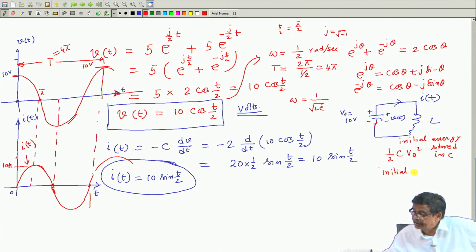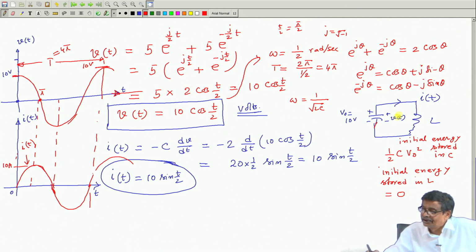You started with that. Initial energy stored in L was 0, because i was 0 at that time. Initial means t equal to 0.